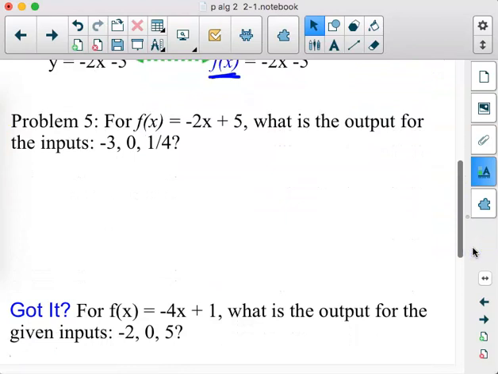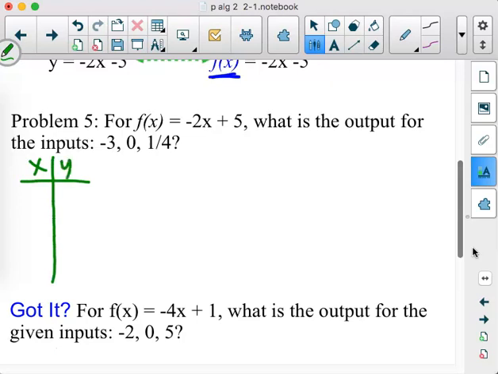So problem 5 says for f of x equals negative 2x plus 5, what is the output for those three numbers? And the first thing I think of is, well, let's go back to the old days when we made a table. And then I realized, oh, I don't want that f of x thing there. That's going to mess me up. I'm going to change it to y. And then I can just do what I always did, which is take the number and plug it in.